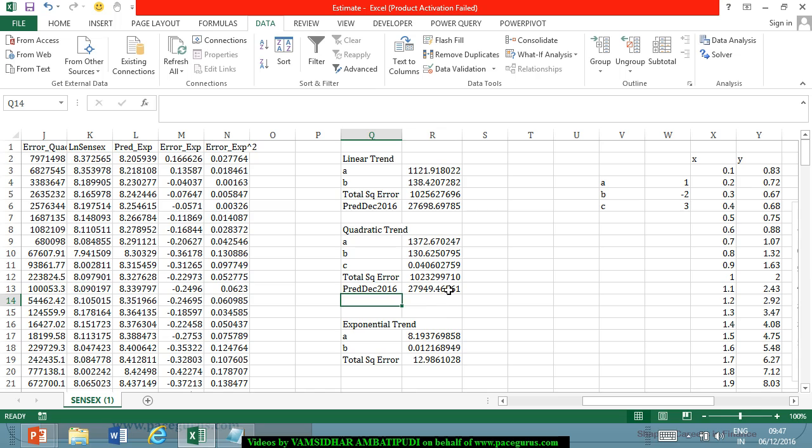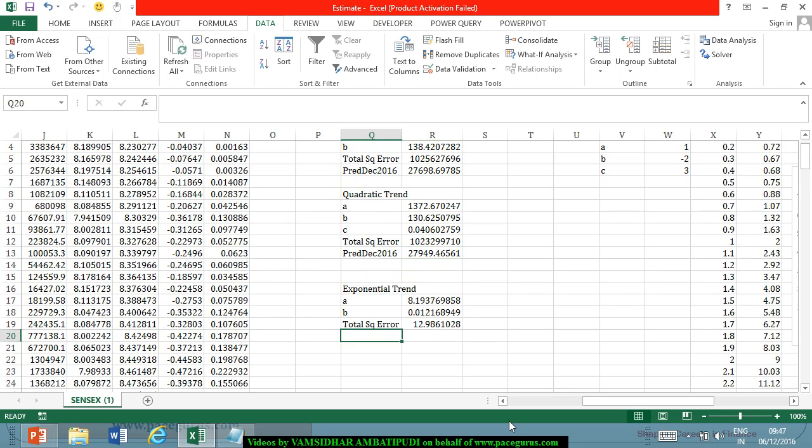Going with this model, the December forecast is going to be 27,949. That would be the value of Sensex for December 2016 going with the quadratic trend.